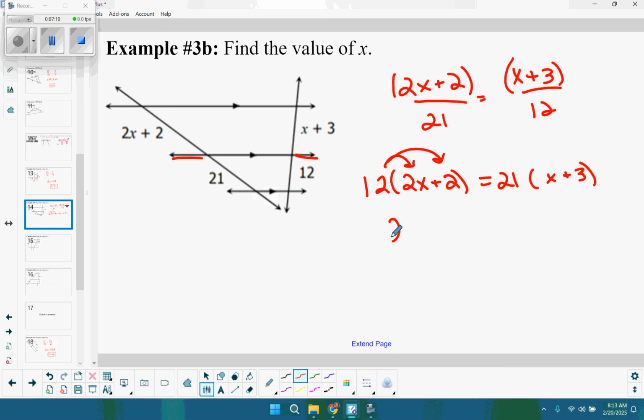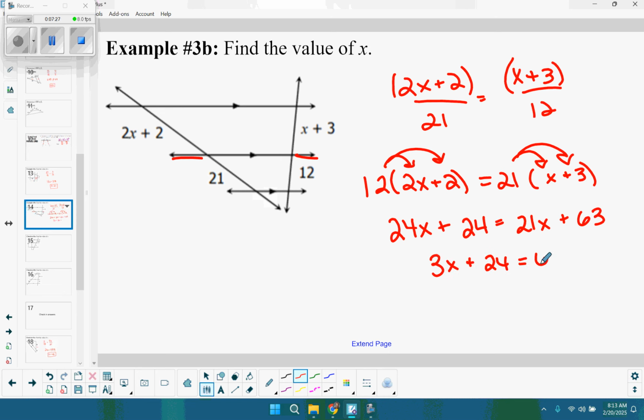So this is going to be 24x plus 24 equals 21x plus 63. Take away 21x, we get 3x plus 24 equals 63. If we minus the 24 from both sides, 3x equals 39. And if we divide by 3, x is 13.